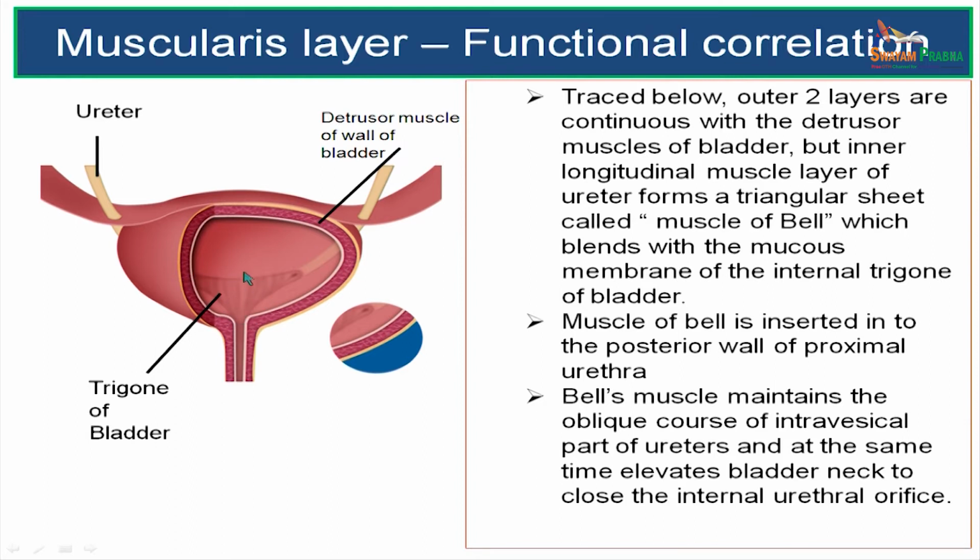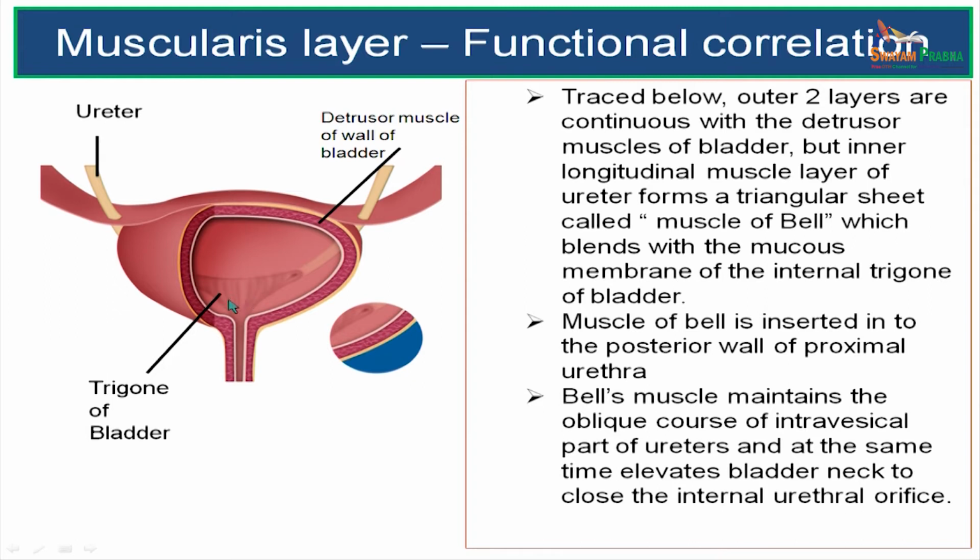What you are seeing in this picture is the base of the bladder. You can see a triangular area, this is the internal trigone of the bladder. So, please note, in the lower ureter, the inner longitudinal muscle layer forms a triangular sheet called as muscle of Bell, which is going to blend with the mucous membrane of the trigone of the bladder.